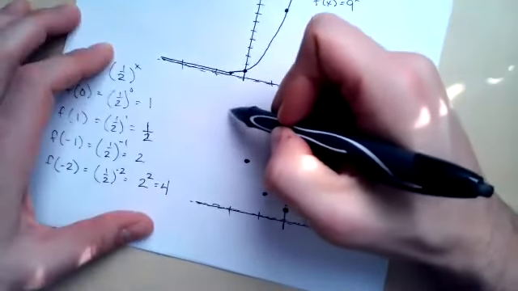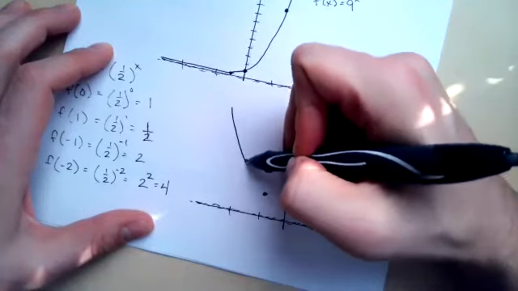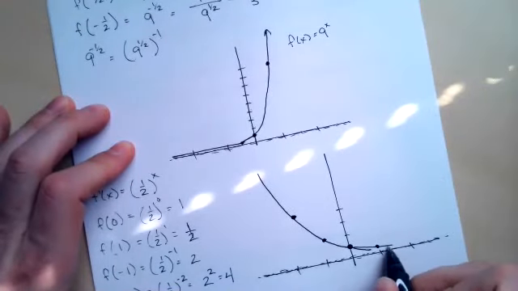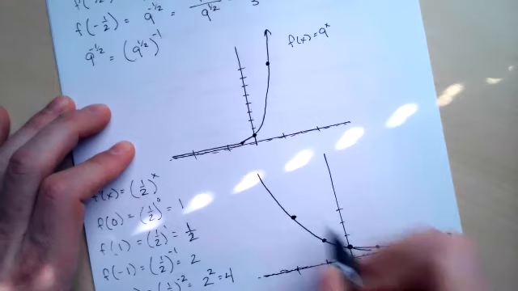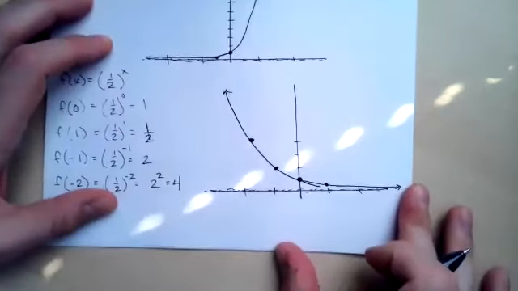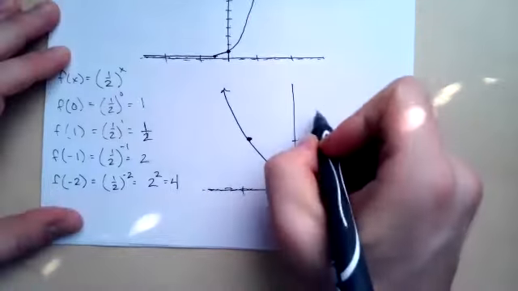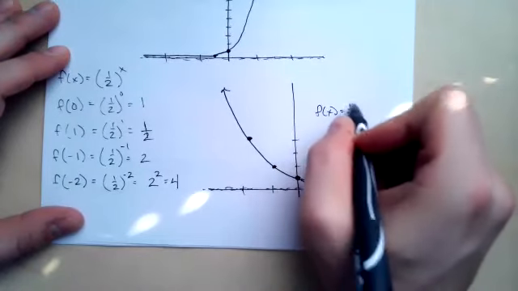And now our graph is going to look something like this. And so this is our f of x is 1/2 to the x.